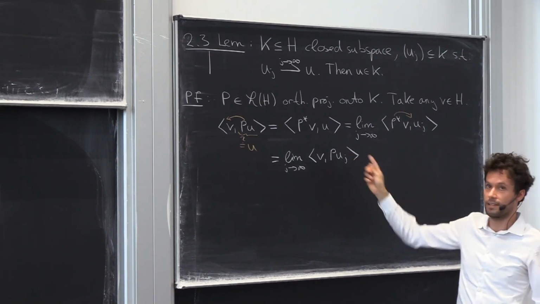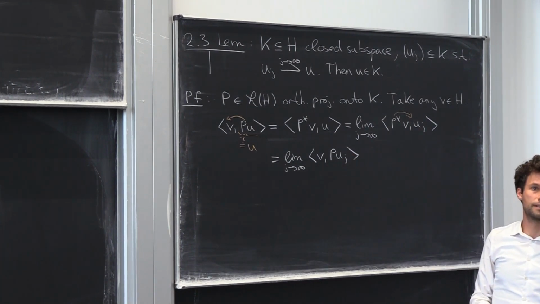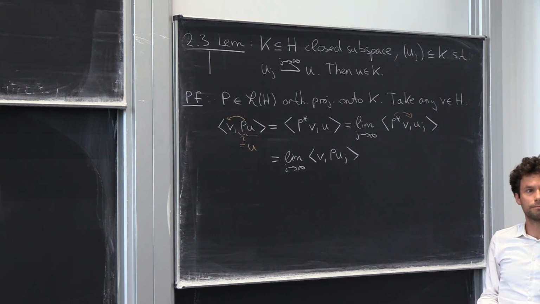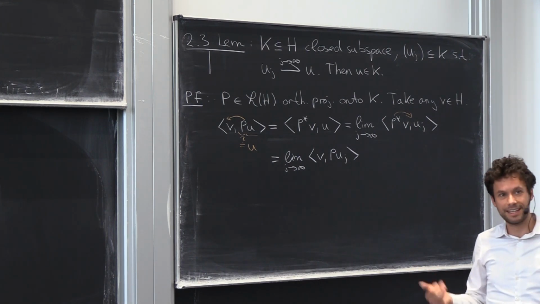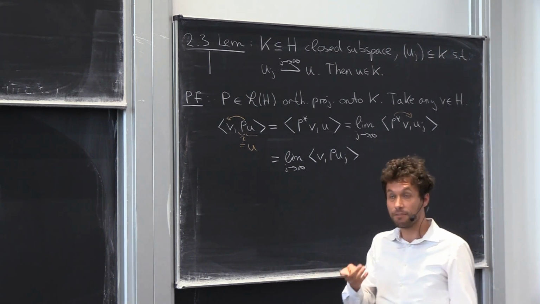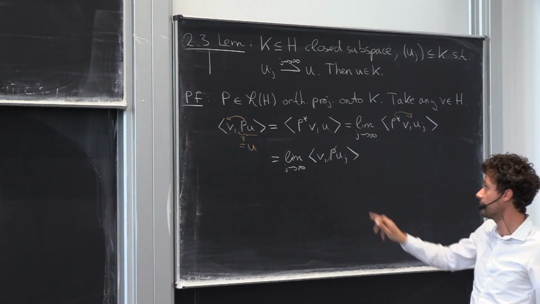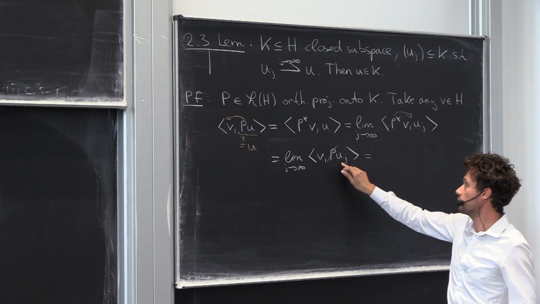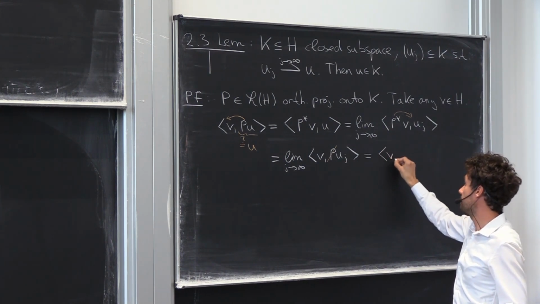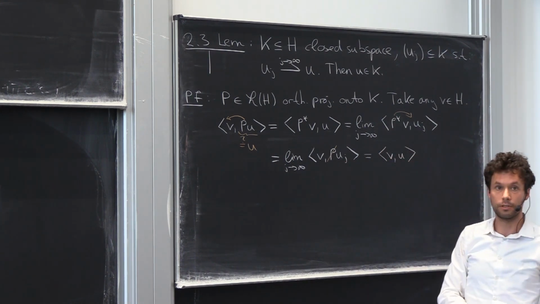So now what can I say at this point? What happens if I project UJ? Come on, guys. It's itself because it's in K, right? So at this point I can eliminate the P from the equation. Then I use the weak convergence of the UJ again, and I get that this is VU.